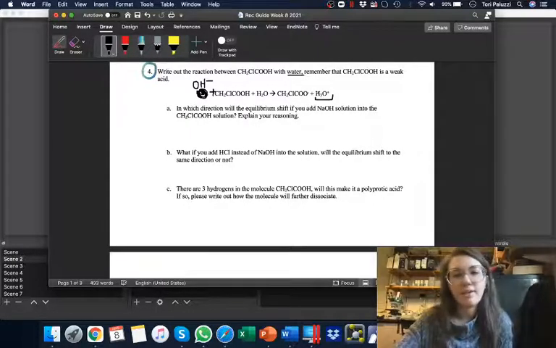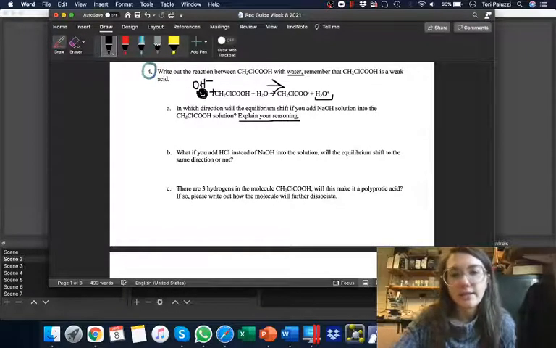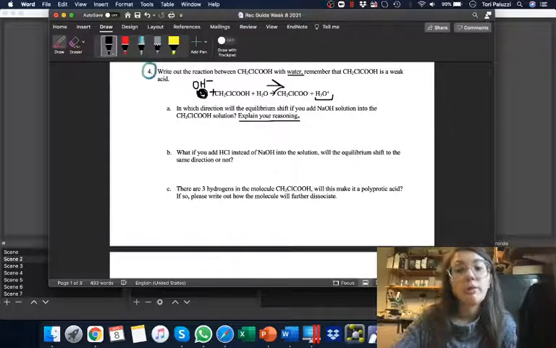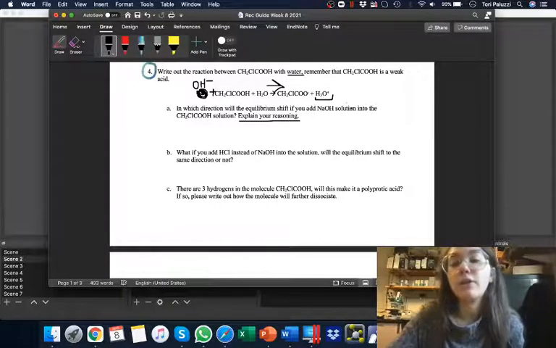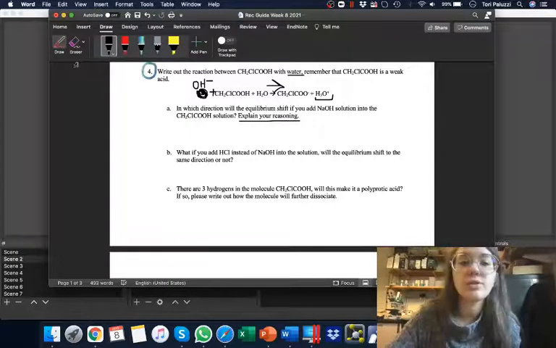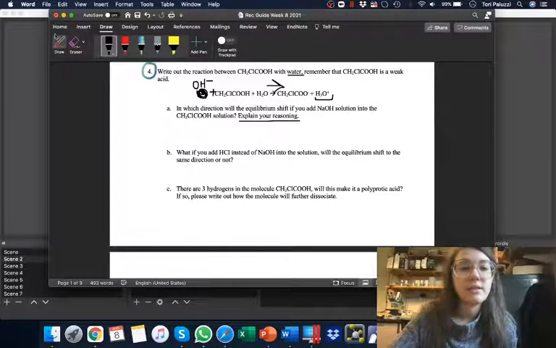We're still going to have this much water, so it's still going to shift to the right when I think about this, okay? So our reasoning is that we're adding in a base, but even though this is probably a weaker base than my OH minus, it's still just going to be making H3O plus, which means that it's not creating any extra product. So that's why we have this now coming here.